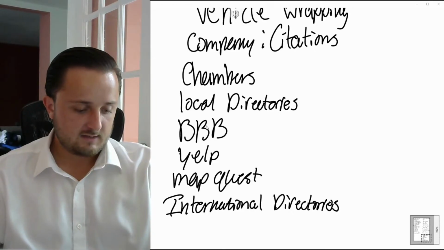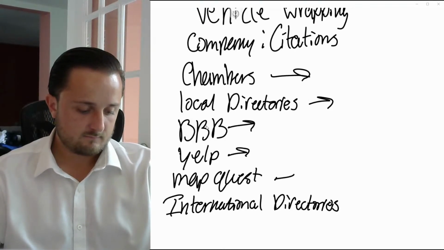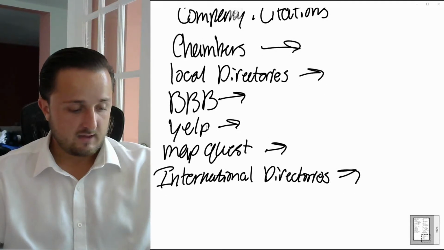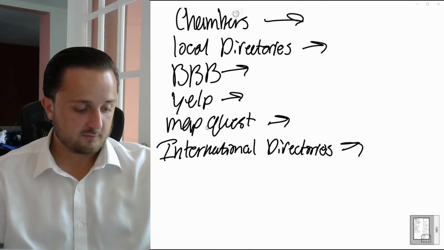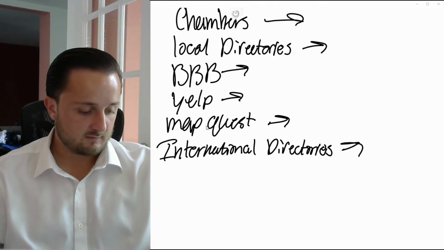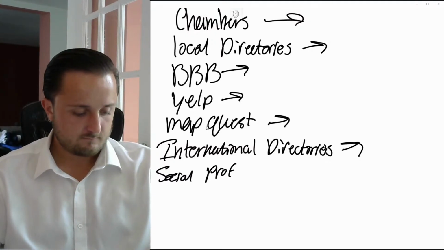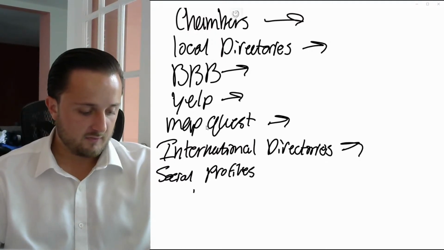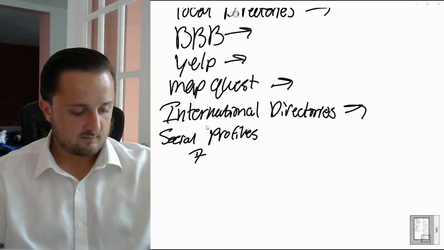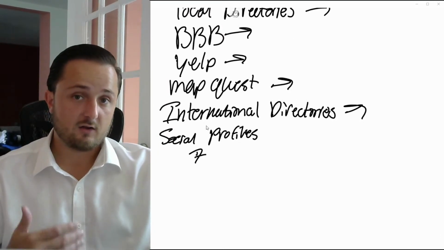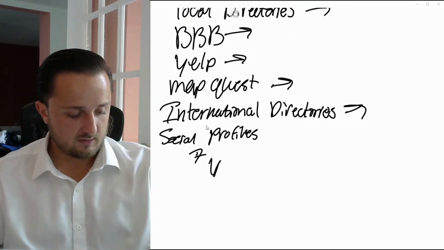On each of these listings that we're creating, and not only these, you also are going to want to make social profiles on the seven that Google allows you to link on your Google Business Profile, which are going to be YouTube.